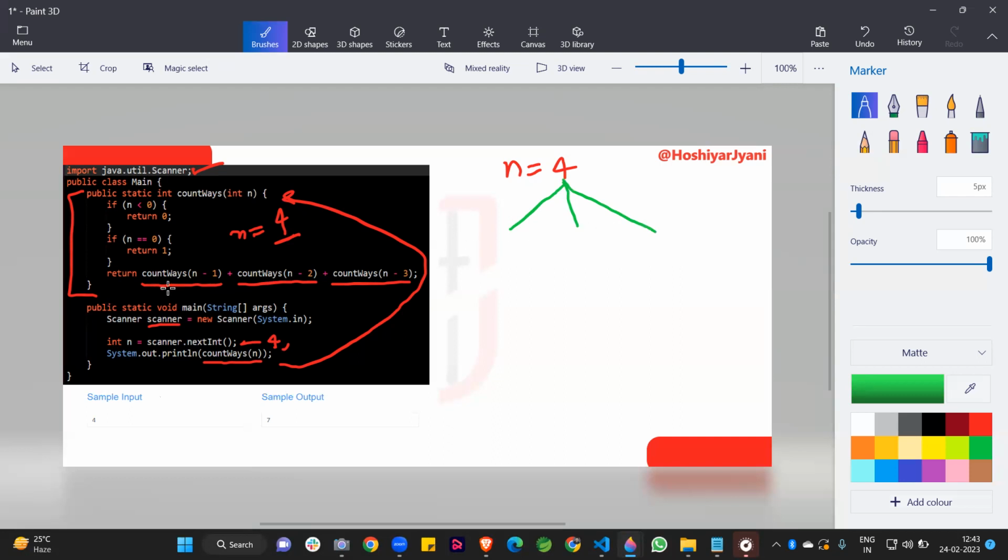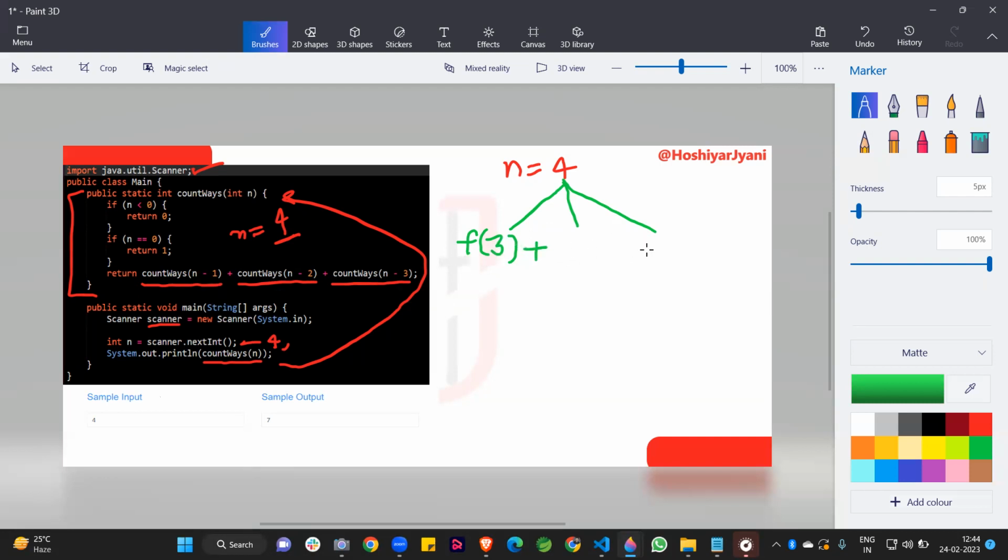So in the first step, guys, you can see here countWays. This countWays function I am writing with the help of f. So countWays means f. And what I am doing here, n minus 1. What is the meaning of n? n is 4. So n minus 1 is f of 3. And after that there is a plus symbol, and we have not written any n value yet, because first of all, we solve this one.